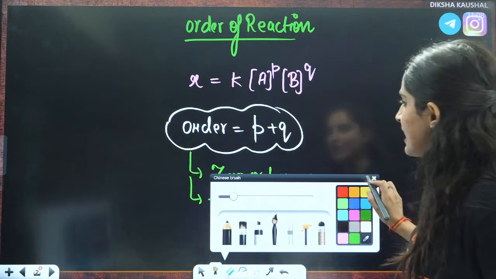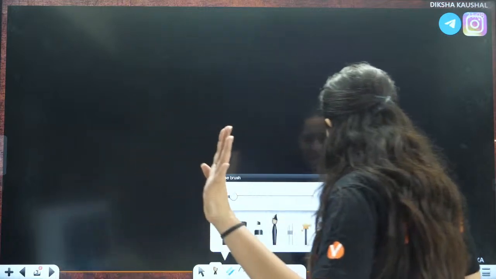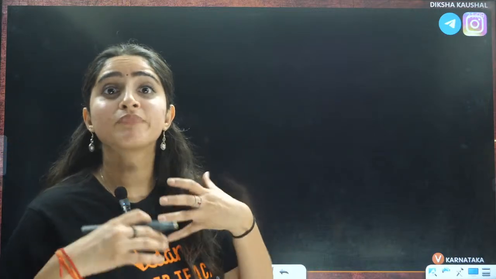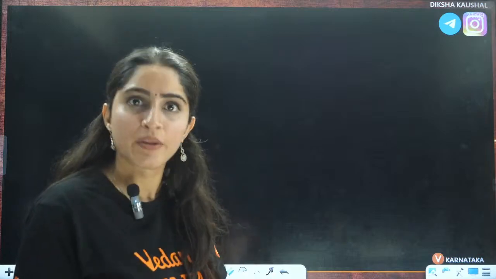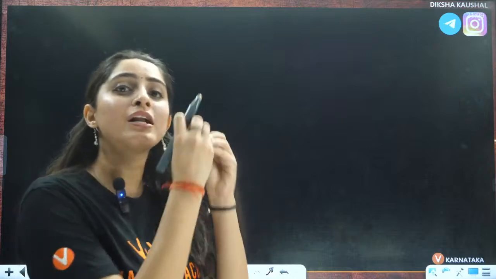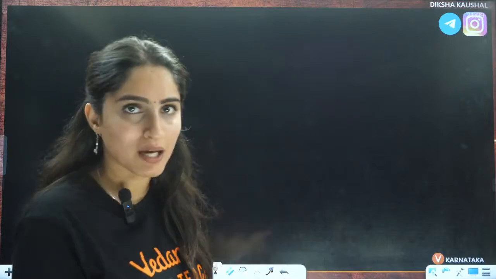Now, let us see what is zero order reaction. Very simple. It is nothing to worry about. Firstly, I will give you a hint about how to do the derivation of this thing. Very simple derivation it has. After that, we will only focus on the formula, and there are different formulas here.